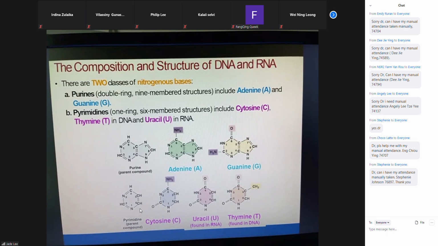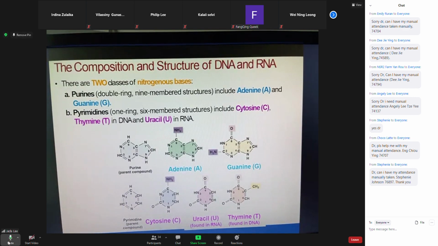Can you see that? Pyrimidines only have 6 members. You can see cytosine differs at carbon 4.